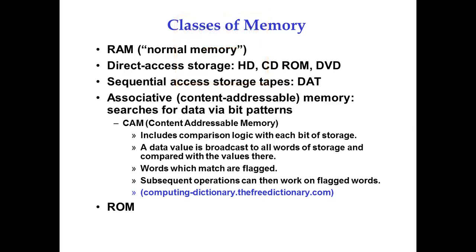What is it? It includes comparison logic with each bit of storage. Whenever we store the data, it includes comparison logic with each bit of storage. A data value is broadcast to all words of storage.